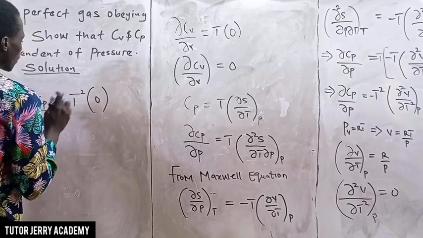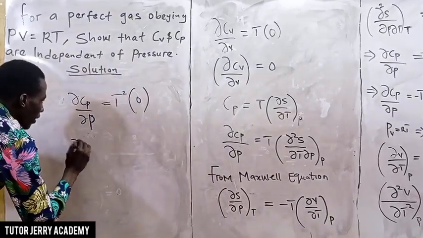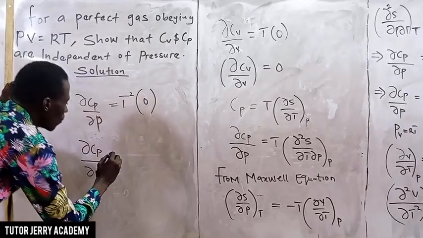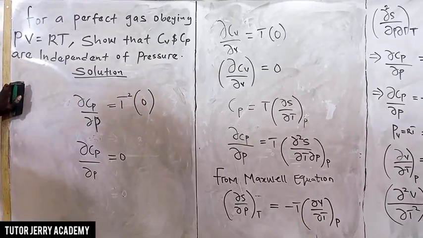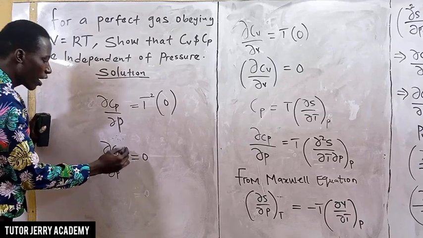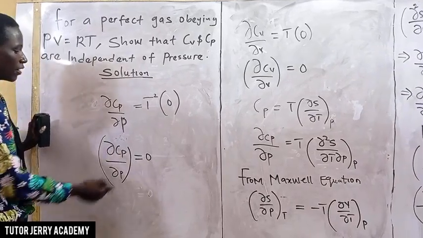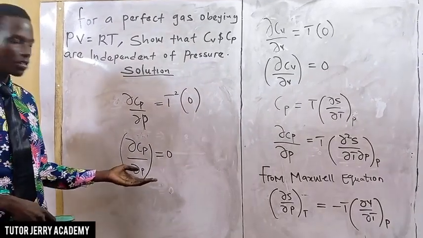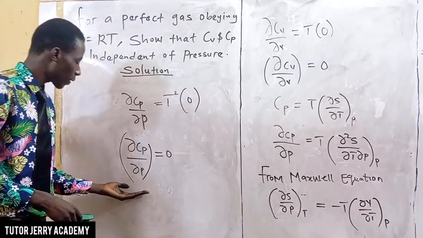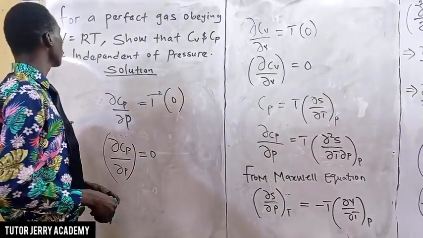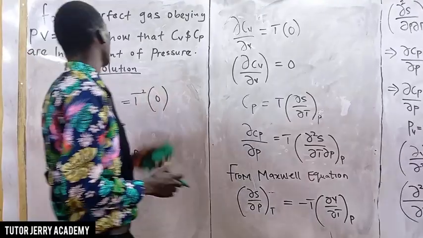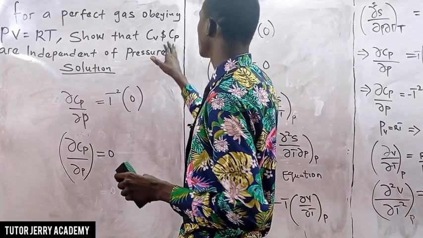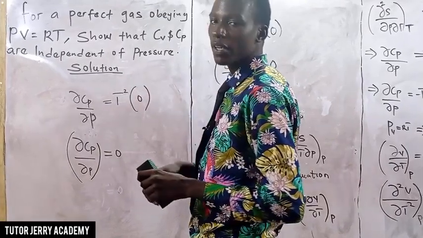Zero multiplied by T squared, it implies that the partial derivative of Cp all over the partial derivative of P will be equal to 0. So from here we can see that Cp is independent of pressure. So we have shown that for a perfect gas obeying PV is equal to RT, Cv and Cp are independent of pressure. Thank you.